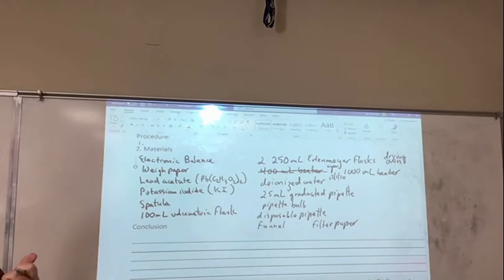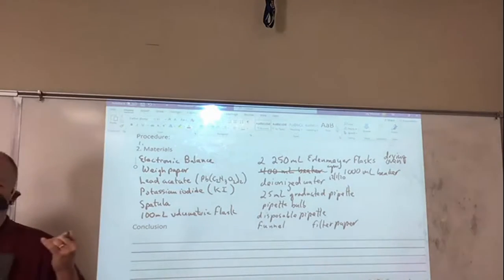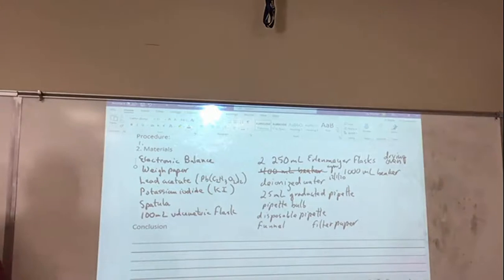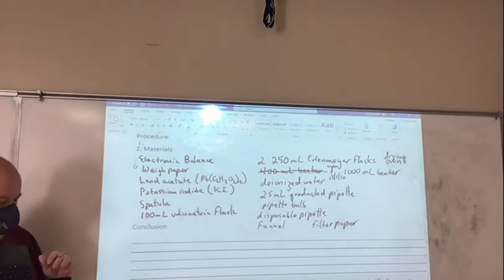Our second paragraph talks about the chemistry of what you did. The third paragraph talks about the possible sources of error. And the fourth paragraph is a summary that says, this is what I learned. In conclusion, I learned this.